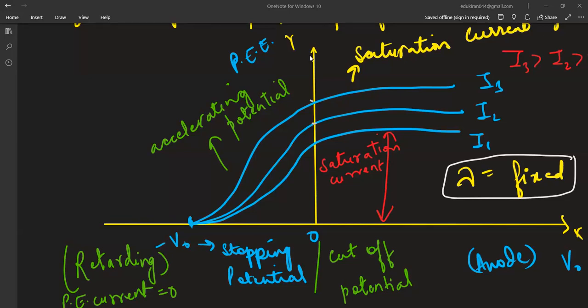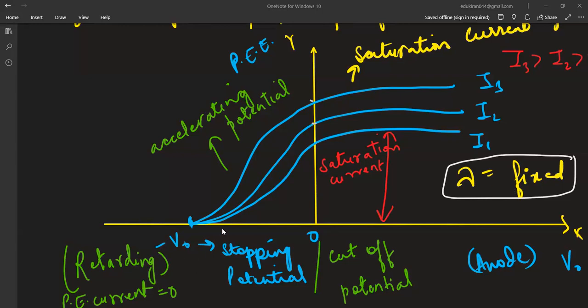All right. So coming to this graph, it was done to check the effect of potential, to see how potential regulation will modify the current. Basically, the frequency was kept fixed. Frequency was fixed, right? Intensity was variable this time.